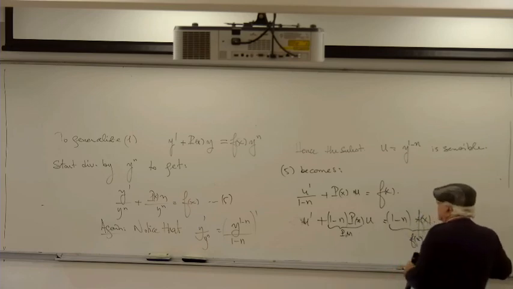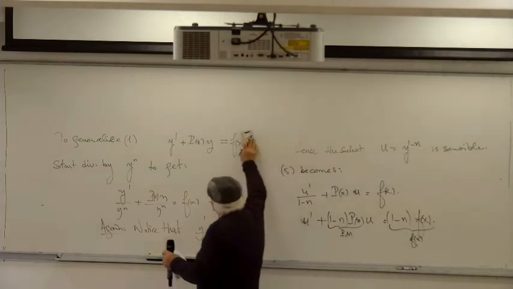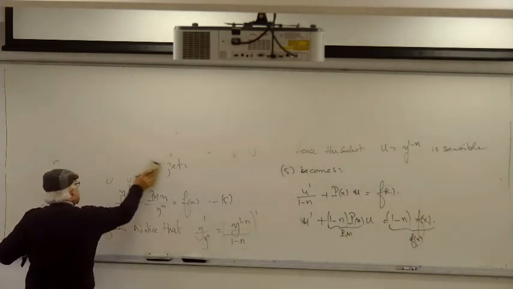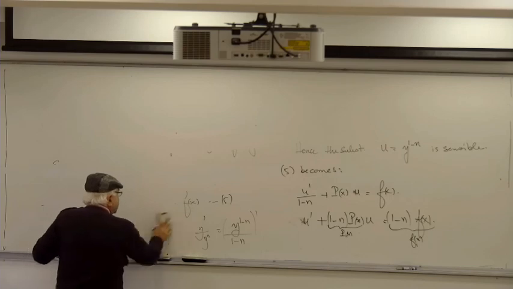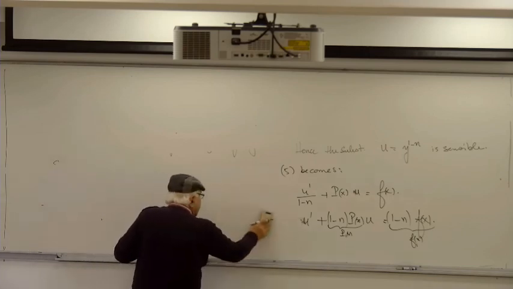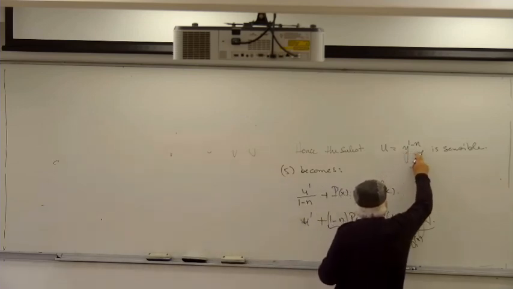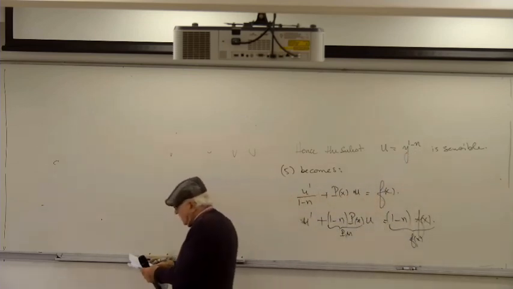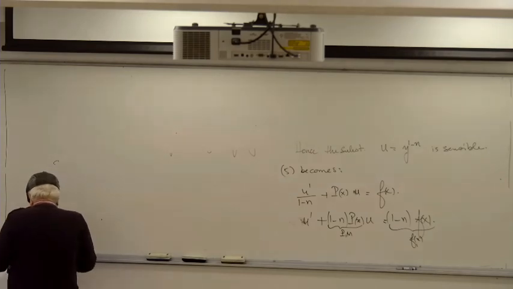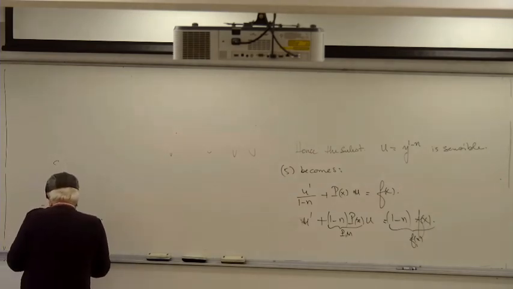It remains for us to solve this differential equation. And after you solve it, of course, just replace u by y to the power 1 minus n. Okay? And this will give you the solution of the differential equation.